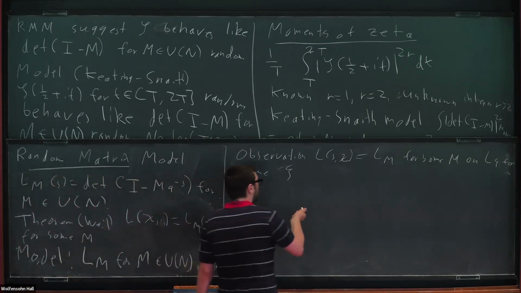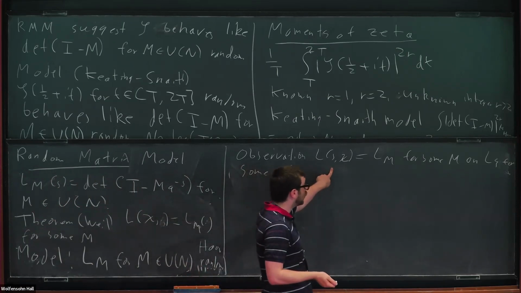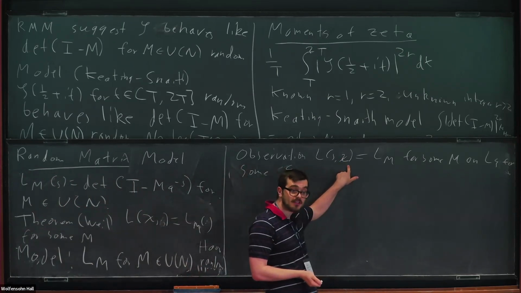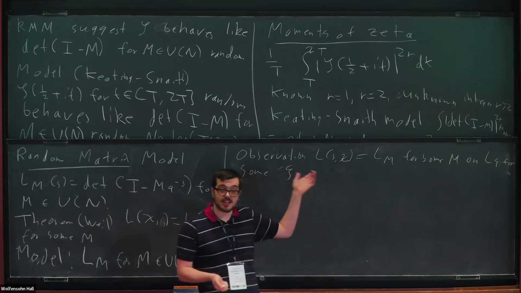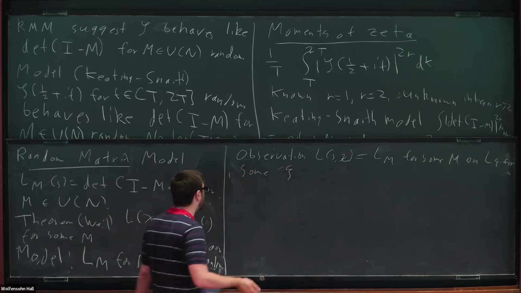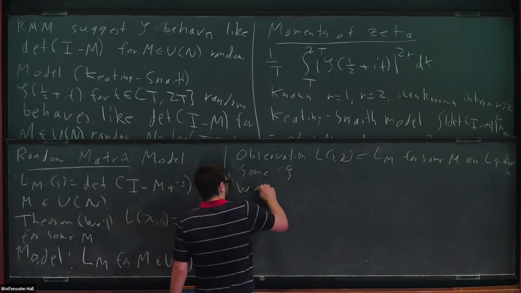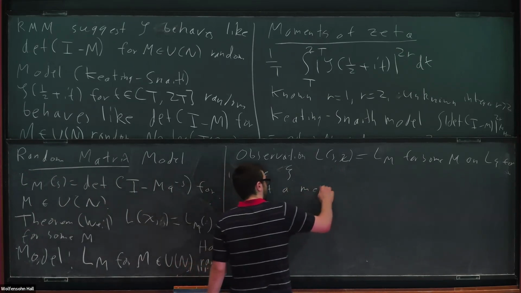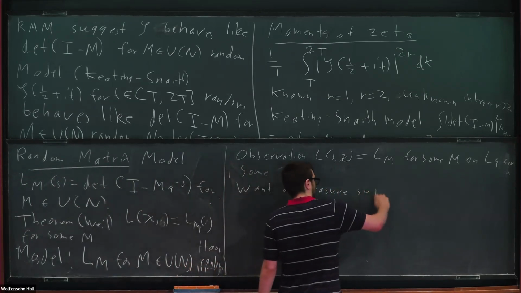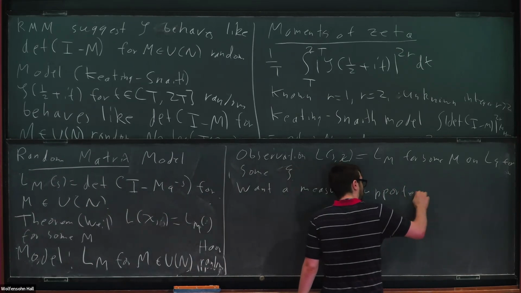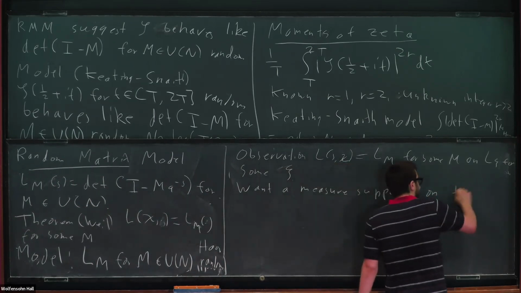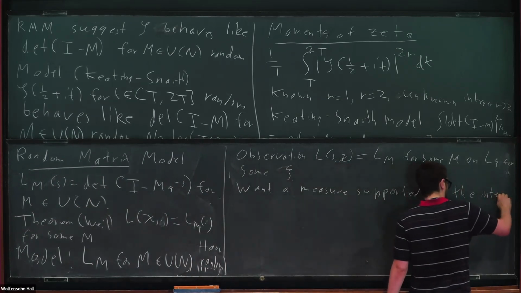So therefore, it stands to reason that our measure should be supported only on matrices that give us L functions that satisfy both of those properties. So we want a measure supported on, well, the intersection of the supports of these two distributions.